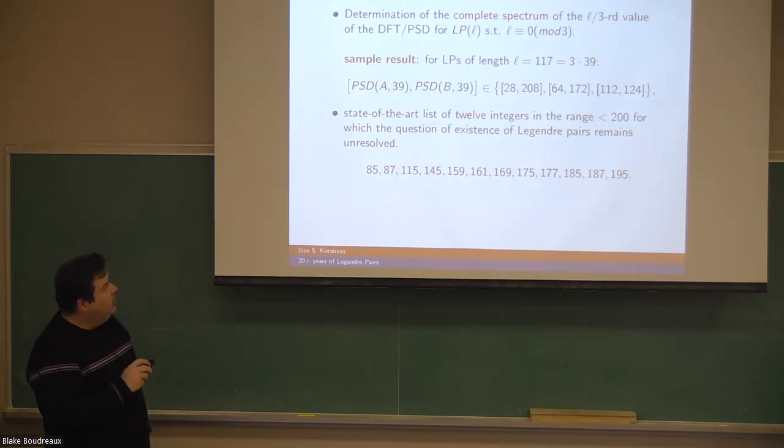We were able to elaborate the complete spectrum of the L over 3 value of the DFT and the PSD value for a Legendre pair when L is 0 modulo 3.